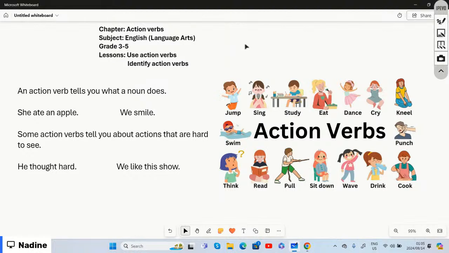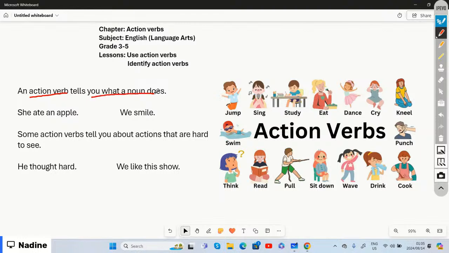So an action verb, right? When it comes to action verbs, an action verb tells you what a noun does. And a noun is either a person or a thing. So it will tell us what the noun does.